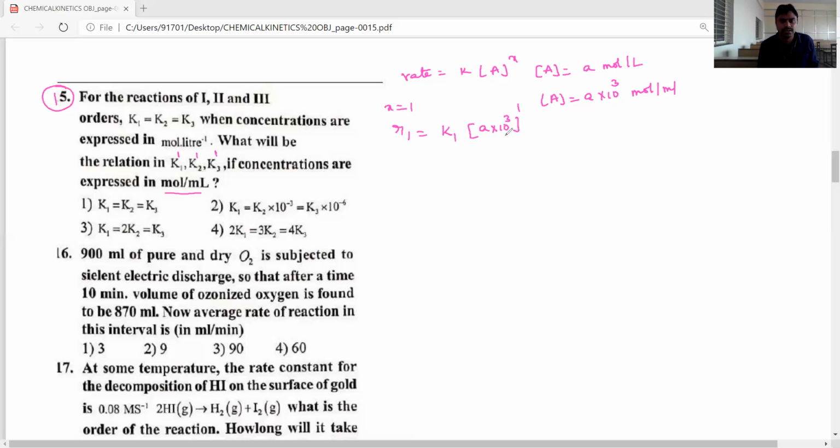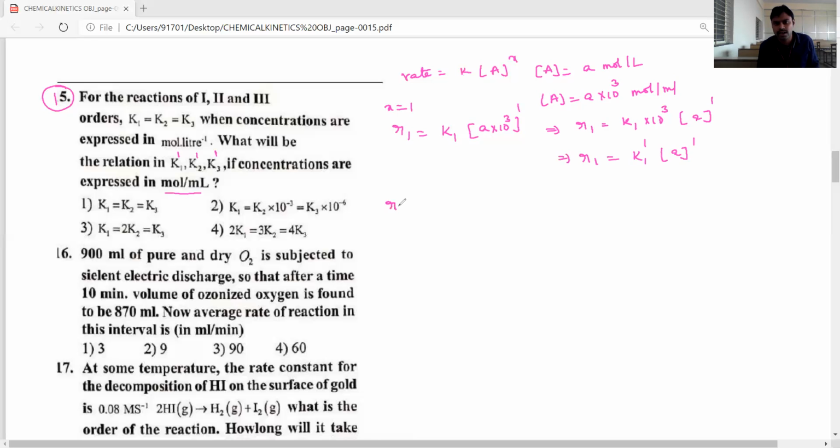For this case, R1 is equal to K1 into 10 to the power of 3 into concentration of A to the power of 1. This K1 into 10 to the power of 3 is nothing but K1 dash into concentration of A power 1.